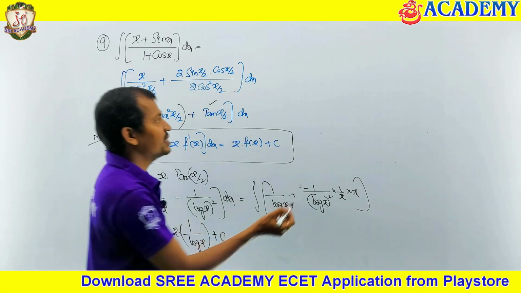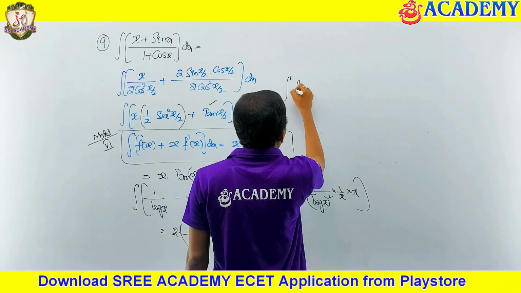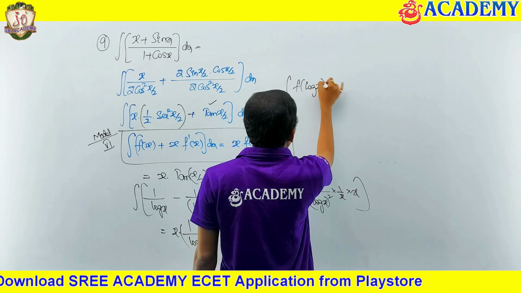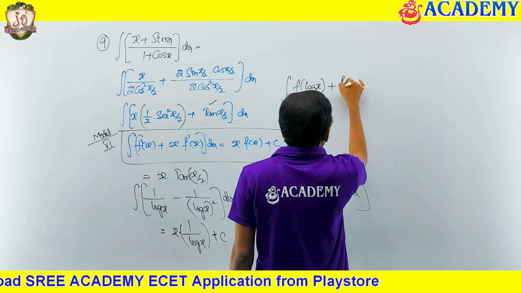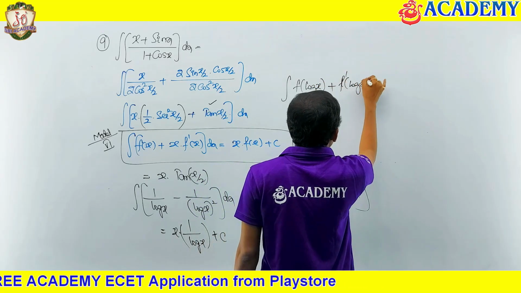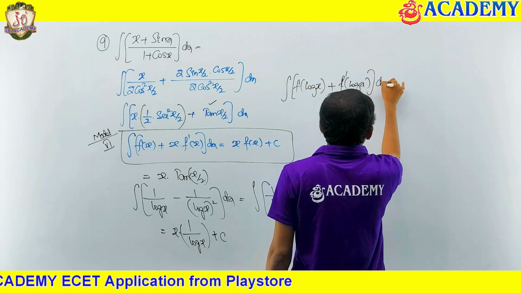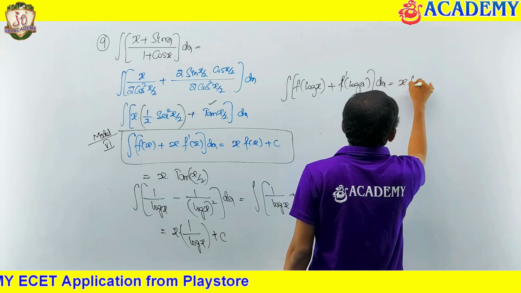I can represent this as a formula also: integral of f of log x plus f dash of log x, if you have this directly, we can write the answer as x into f of log x.